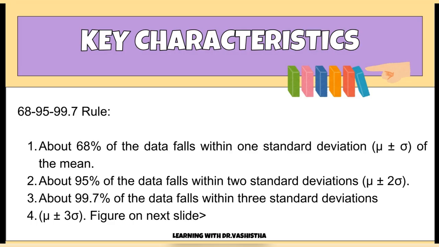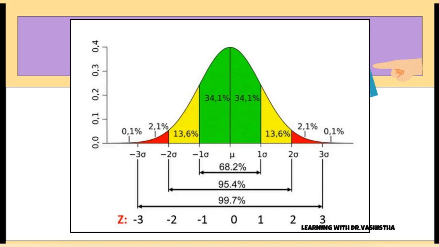And 99.7 means 99.7% of the data falls within 3 standard deviations, where mu is plus minus 3 times the standard deviation. That we can see in the next slide. The figure is given there. So let us see the figure here.